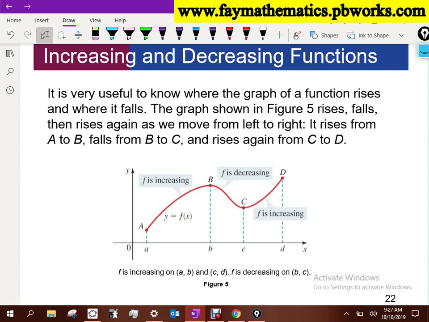A lot of times a business will take its data points, maybe of sales and profits, or cost and profits, revenue, that kind of stuff, and they will plot that. And they'll come up with this logistic curve. And they'll talk about, okay, where are we increasing? Where are our profits increasing?